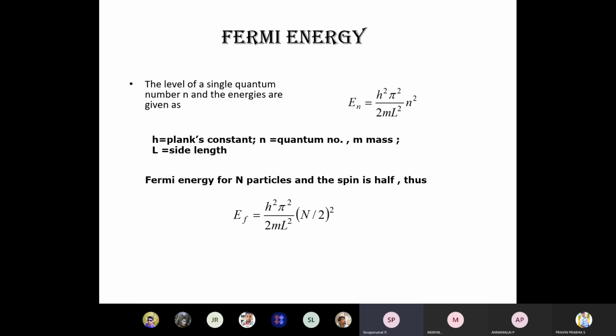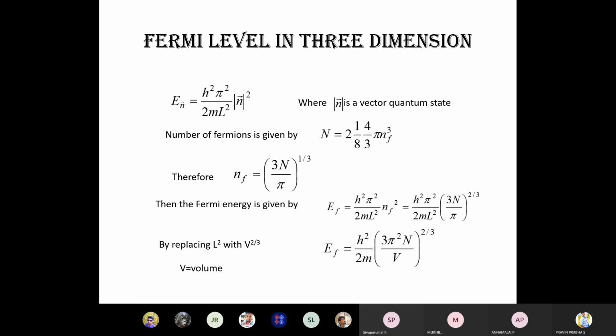The spin is half, so we represent n by 2 whole squared, because there should be only half positions, fixed between the conduction band and valence band. That is called the Fermi energy equation.